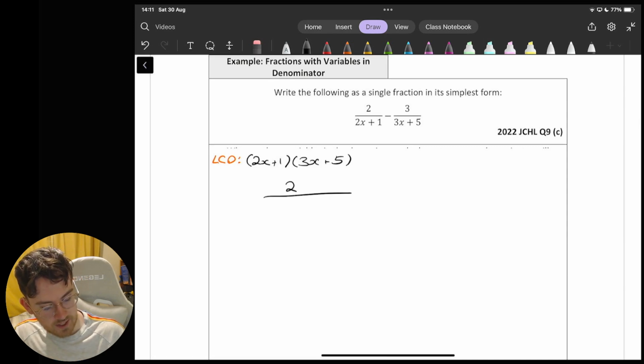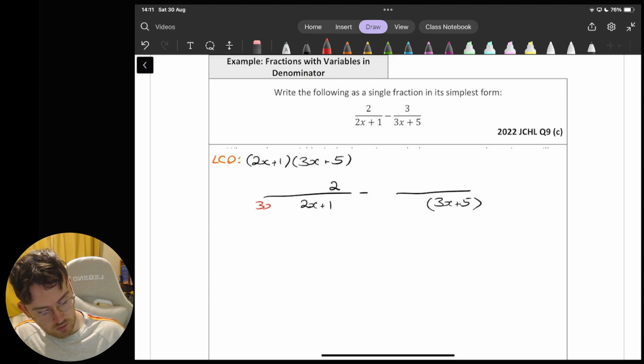Our next step now is going to be to take the expressions that we started with, the 3x plus 5 here as well, and we're going to multiply on the bottom by our new terms or binomials that we want to include on the bottom there: 2x plus 1 and my 3 here.